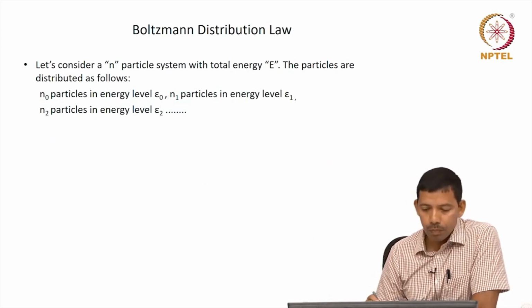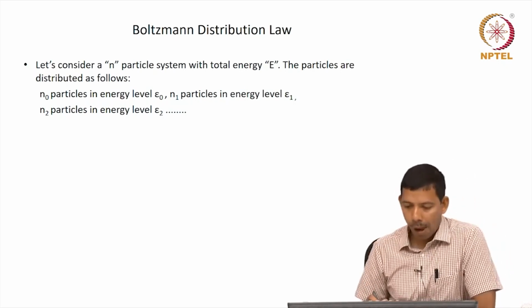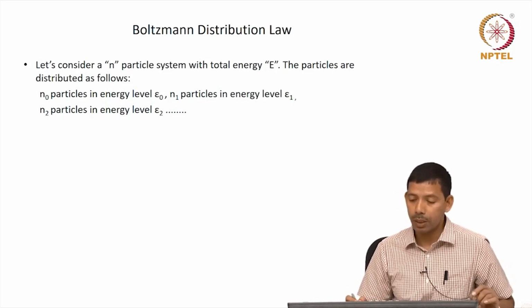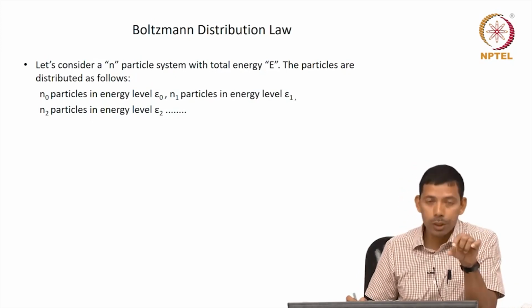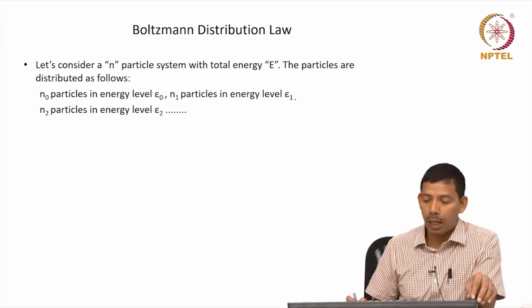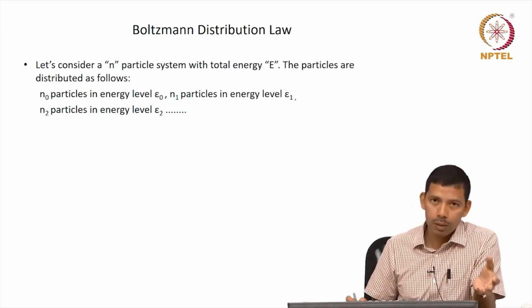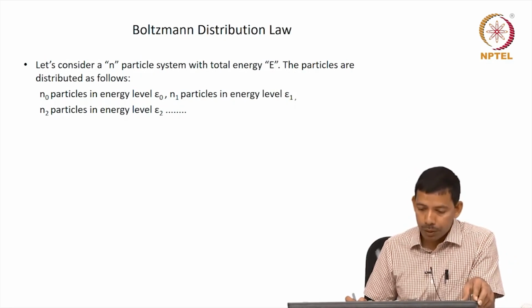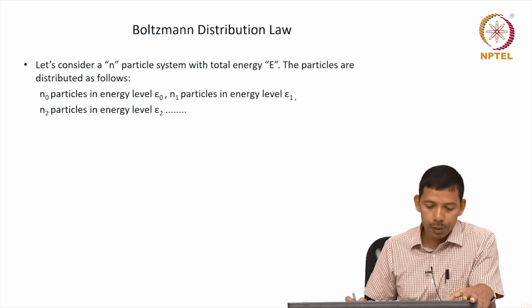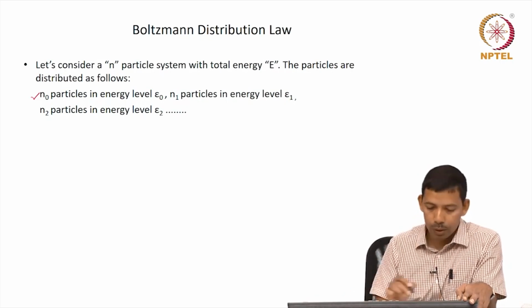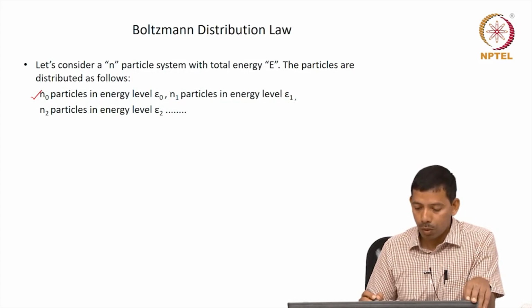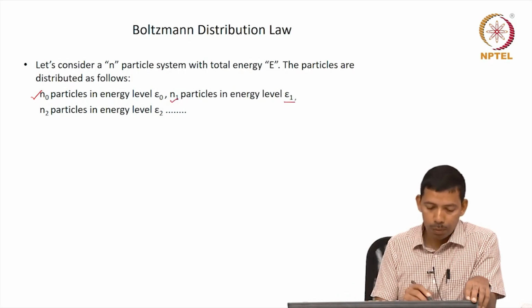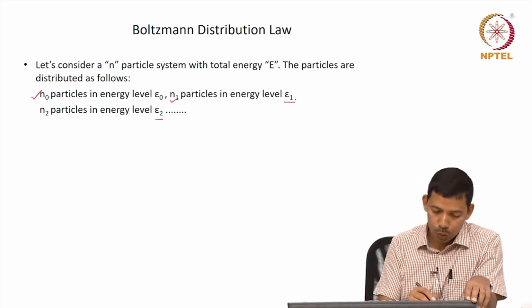So let's consider an n particle system with total energy capital E. The total energy I'll define as capital E, and energy for the states will be defined as epsilon. So for the ith state, the energy I'll take as epsilon i. So we have an n particle system with total energy E, and the particles are distributed as follows: n0 particles in energy level epsilon 0, n1 in energy level epsilon 1, n2 in energy level epsilon 2, and so on.